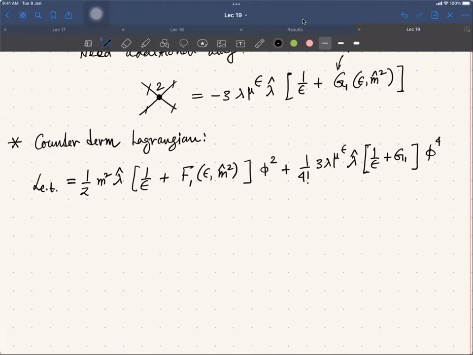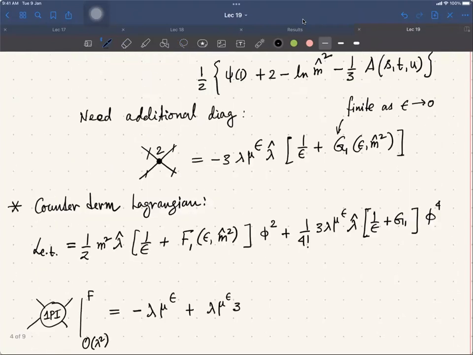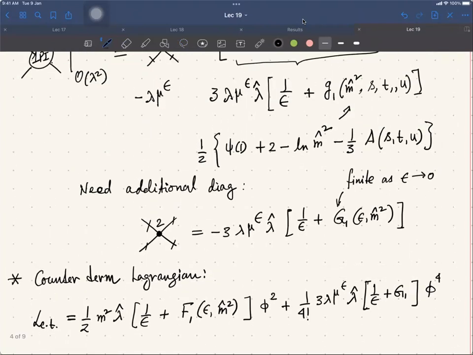So up to order lambda square and finite piece after cancelling with the counter term diagram, we have this tree level contribution, and then lambda mu to the power epsilon times the finite piece, where the 1 over epsilon term cancels, and it will be this small g1 minus capital G1.